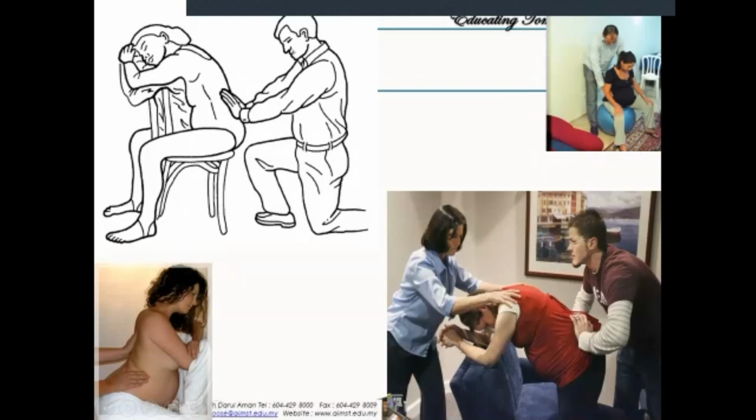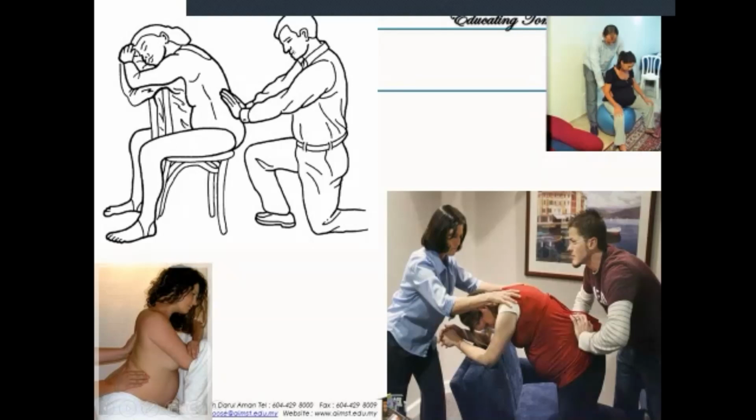Then in the second stage of labor, the pain will be mainly over T12 to S2. So you need to concentrate, the pain will be more over the lower back. So you need to teach them to do massage over the lower back. Okay, so stroking from proximal to distal, effleurage on the sides, then circular kneading on both sides of the lower back.